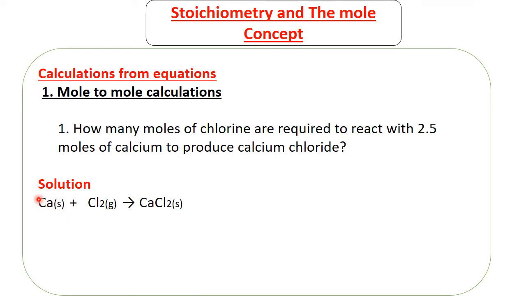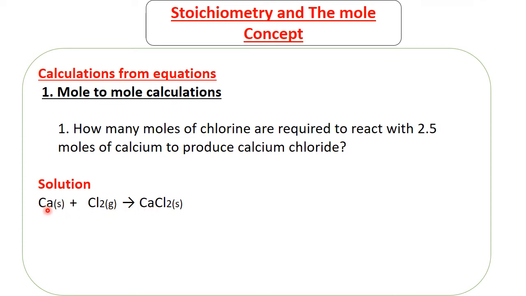The coefficients, in this case there's no number, so there's an invisible one, tell you what are called mole ratios: how many moles are reacting with how many moles to produce how many moles. So 1 mole of calcium reacts with 1 mole of chlorine to form 1 mole of calcium chloride.